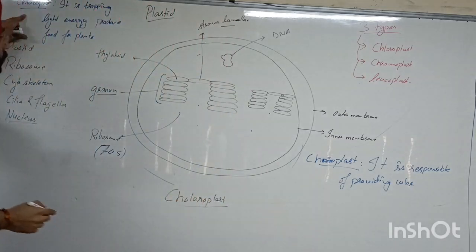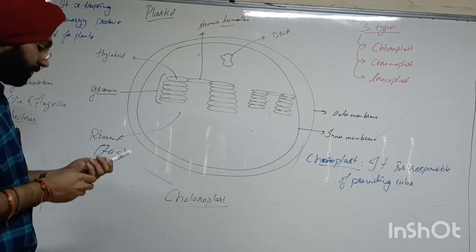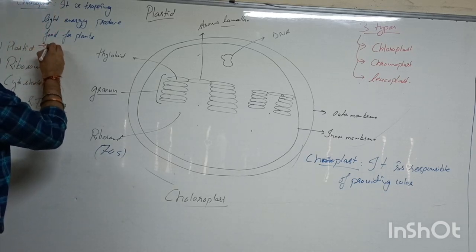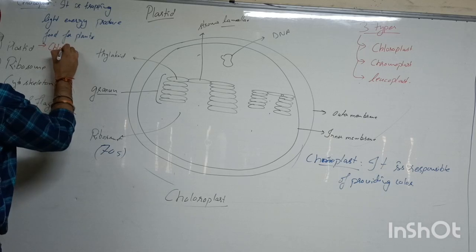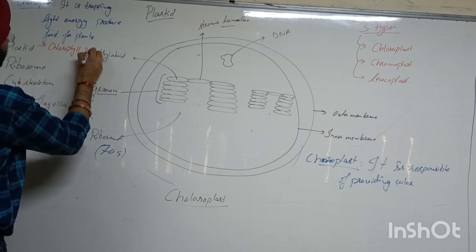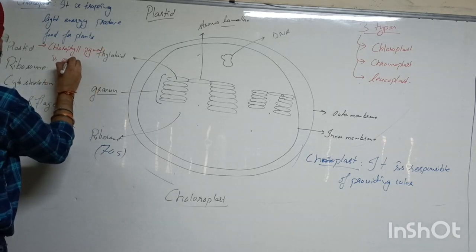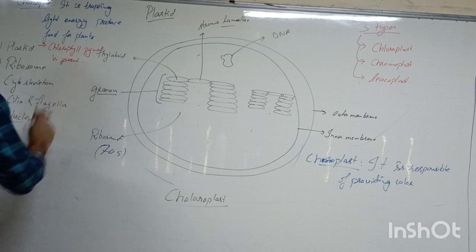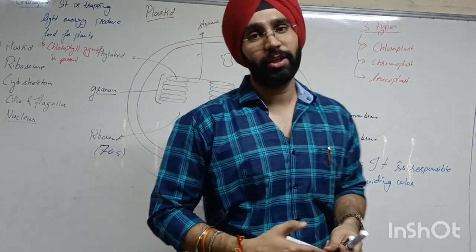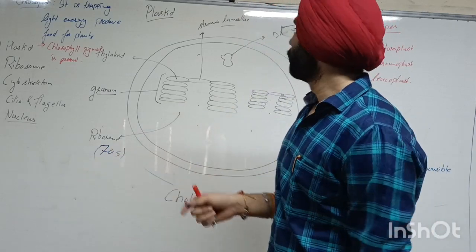Actually, inside the chloroplast, a pigment called chlorophyll is present. So here I am writing with red color, chlorophyll pigment is present. Is that clear to you? That chlorophyll pigment is responsible for trapping the light energy and converting it into biochemical energy, into food.